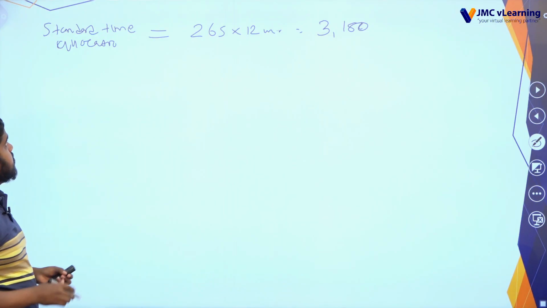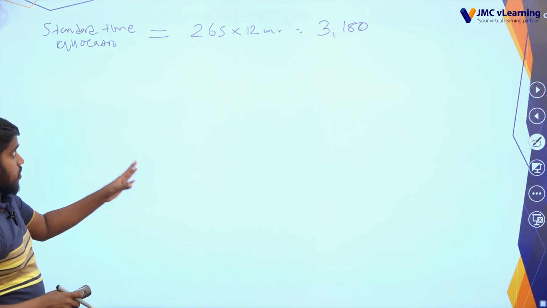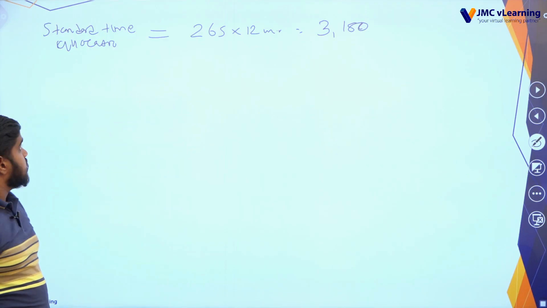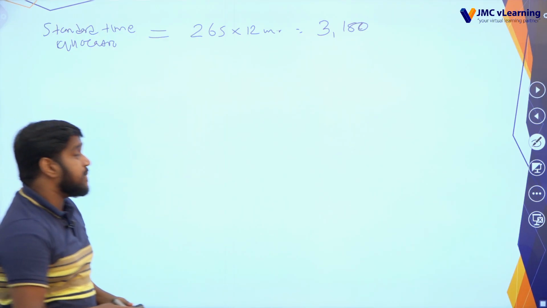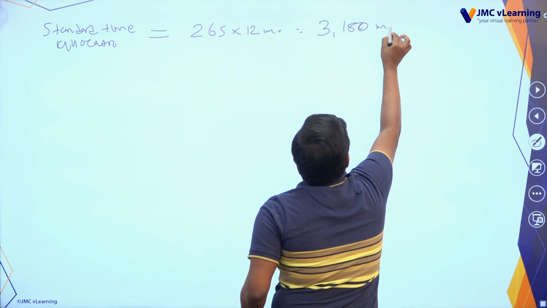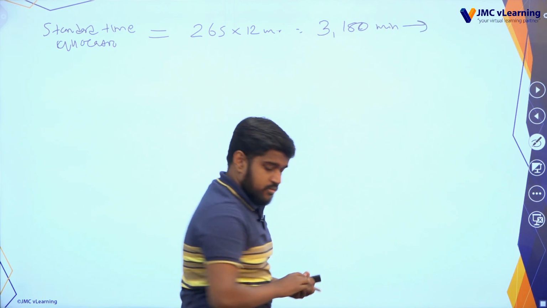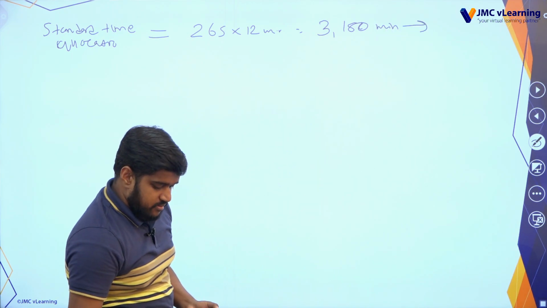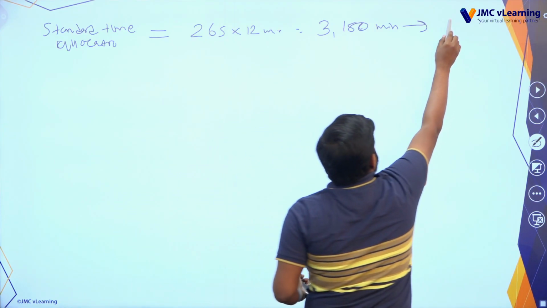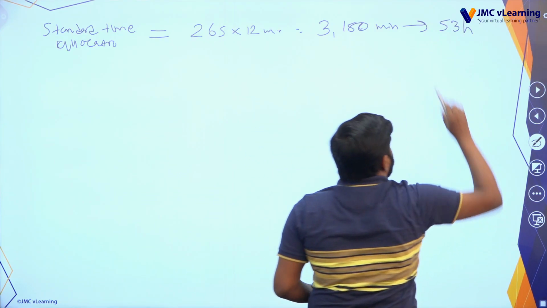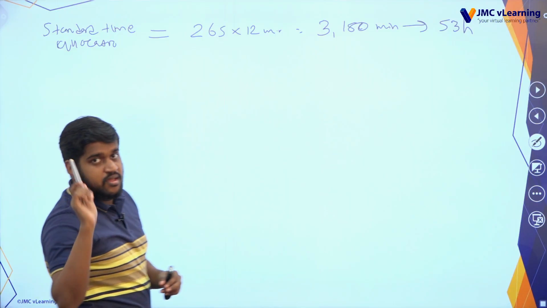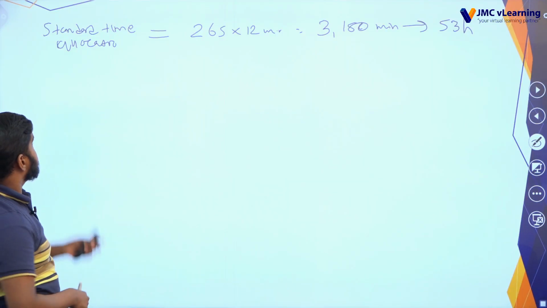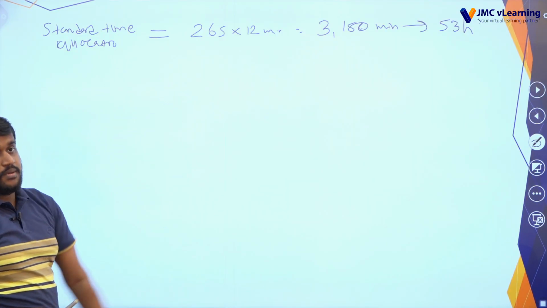This is the standard time allocation. Then we convert it to hours by dividing by 60, so the total is 53 hours. The standard time allocation is 53 hours.